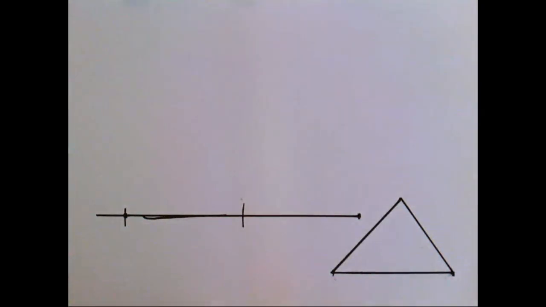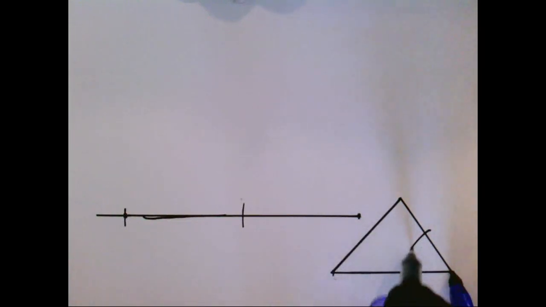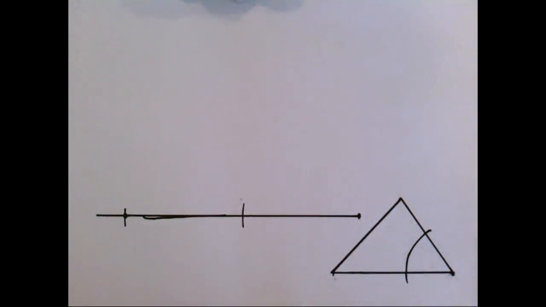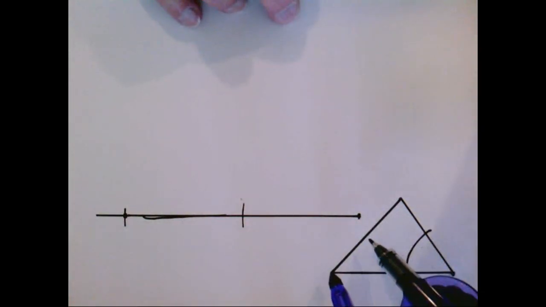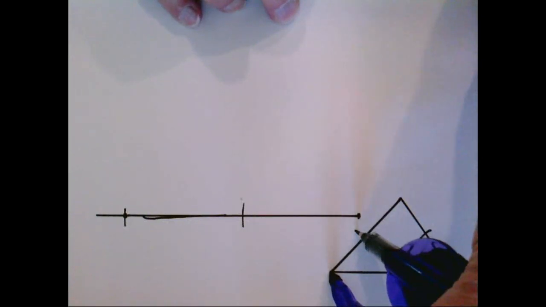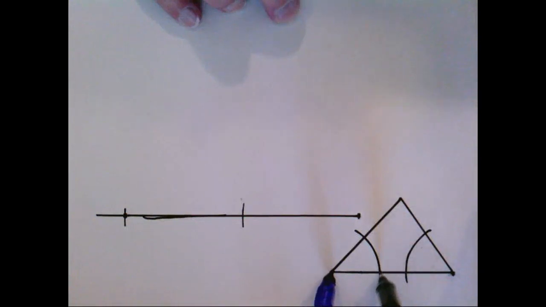Now what I need to do next is copy those angles. So I'm going to put the point of the compass on this vertex and make an arc. And then I'm just not going to change the size of the compass. I'm going to leave it the same. Put it on this vertex and make an arc.